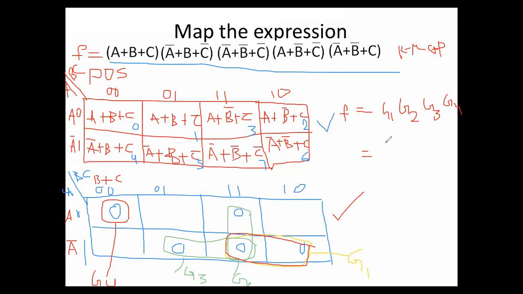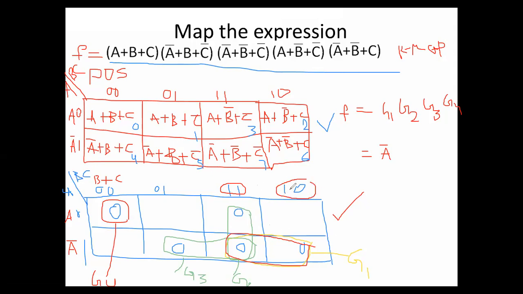Now G1. For G1, the A value is A bar. So A bar. What about the BC values here? 1 1, 1 1, 1 0. Take group 1. Group 1 belongs to 1 1, 1 0.